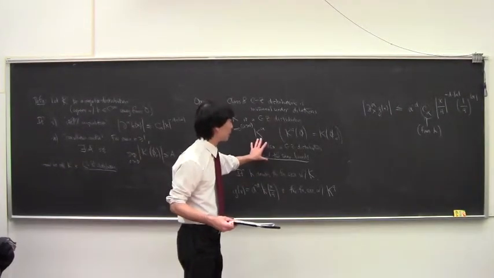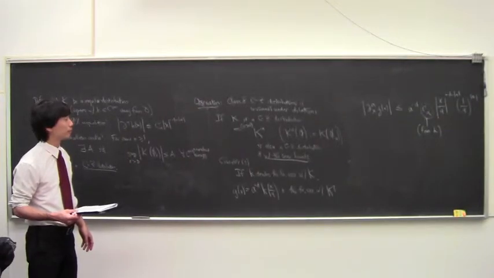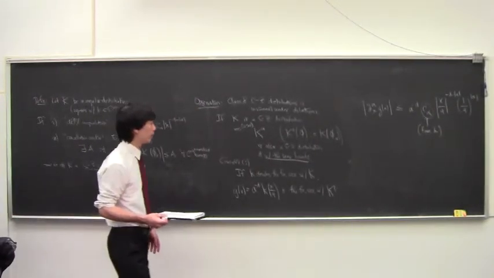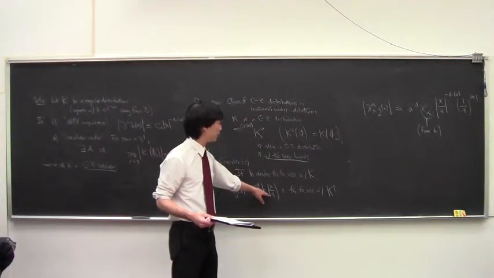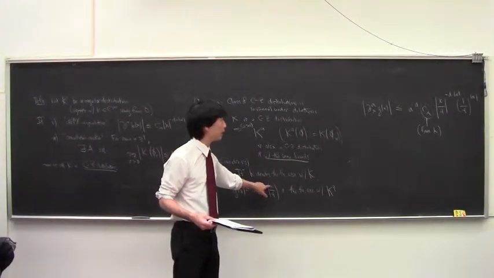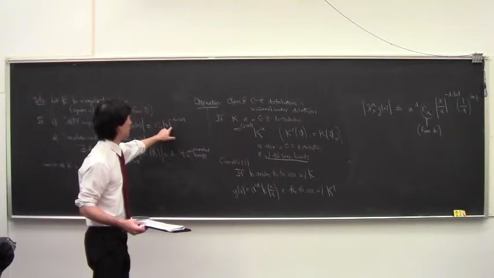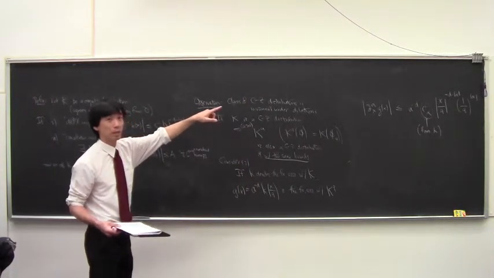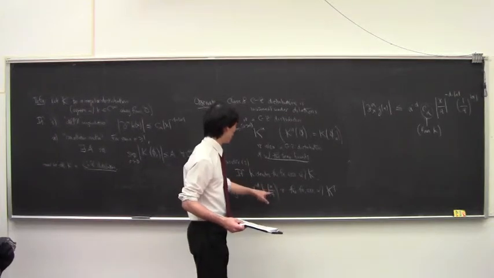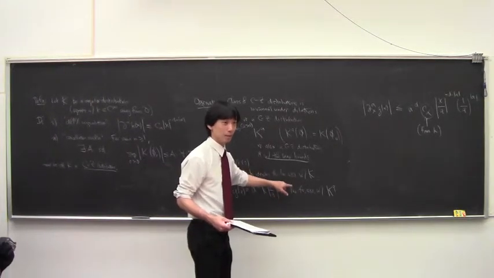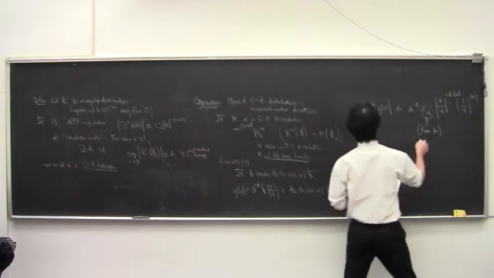Because you get the alpha derivative of k evaluated at x over a, but that thing is controlled by c alpha times x over a to the minus d minus the size of alpha, and then you get that constant, and you get 1 over a to the negative size of alpha from the chain rule.